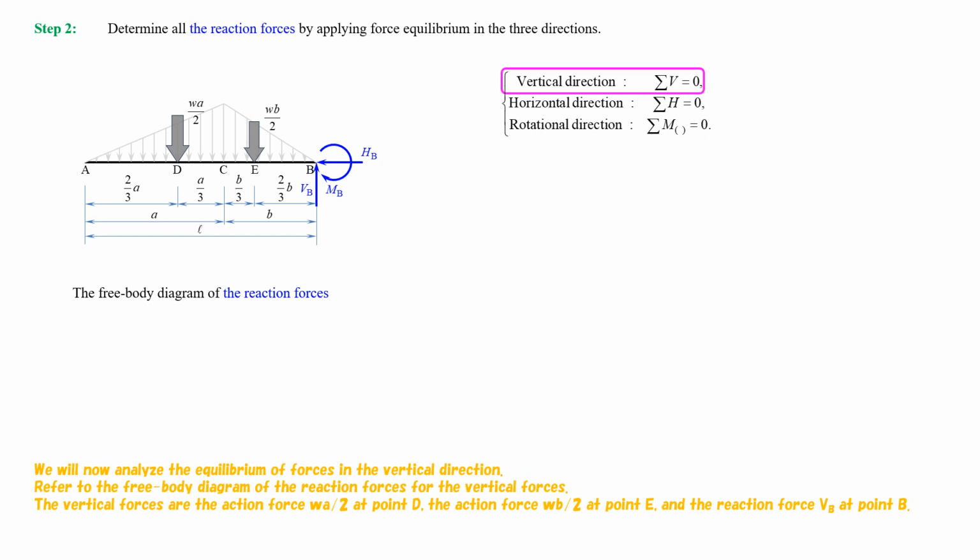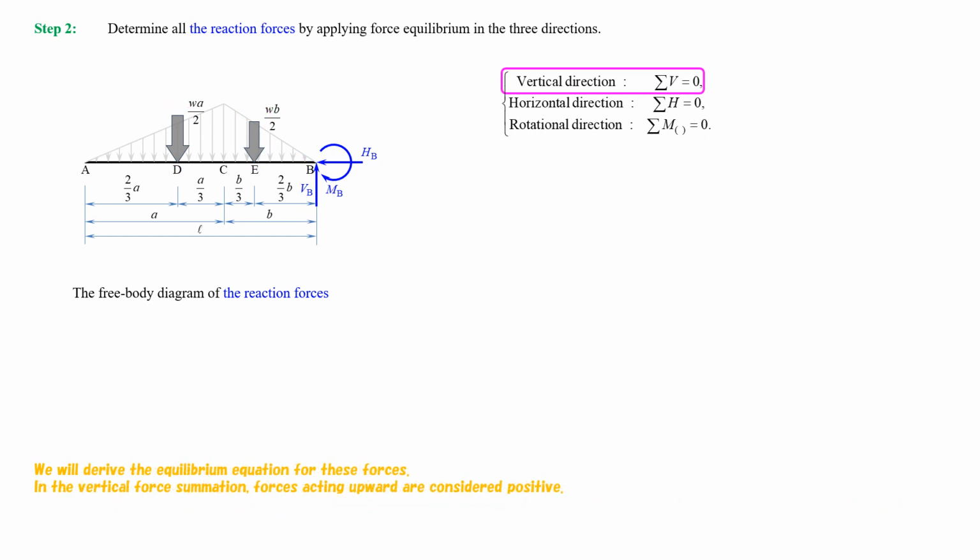The vertical forces are the action force, W multiplied by A, divided by 2, at point D. The action force, W multiplied by B, divided by 2, at point E. And the reaction force, VB, at point B. We will derive the equilibrium equation for these forces. In the vertical force summation, forces acting upward are considered positive.